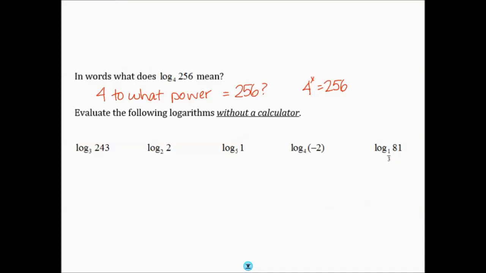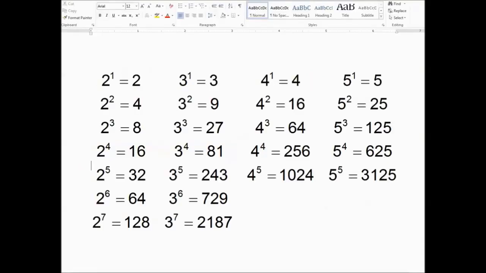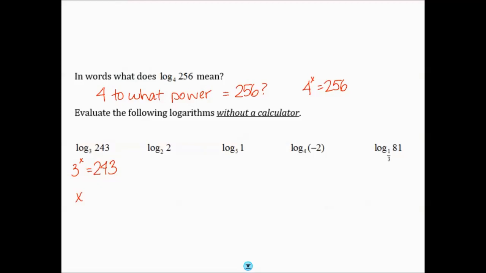But you can use your power sheet if you still have that. So log base 3 of 243 means 3 to what power equals 243? If you look at your power sheet, 3 to the 5th equals 243. So this would mean x equals 5, or we could just say that this expression equals 5.